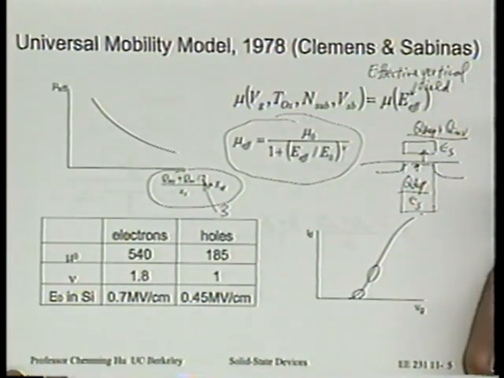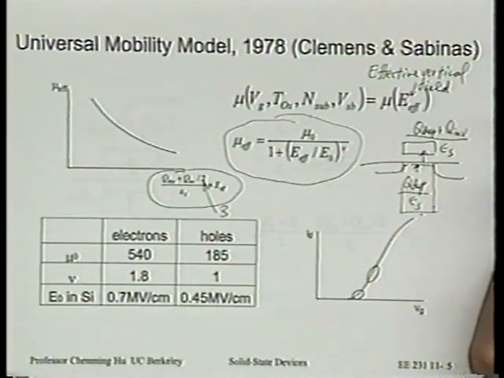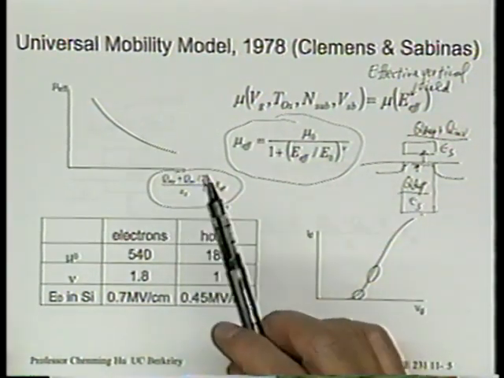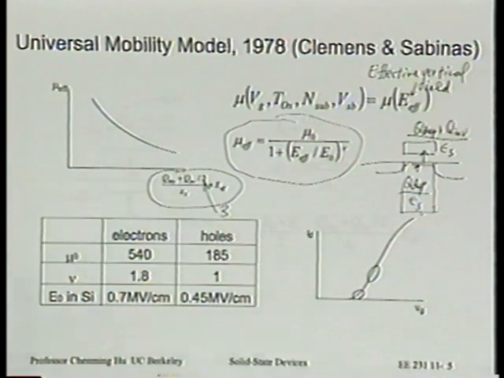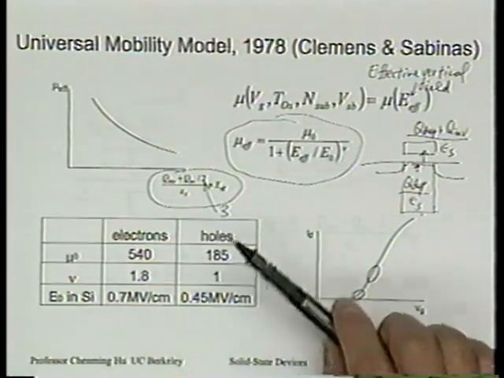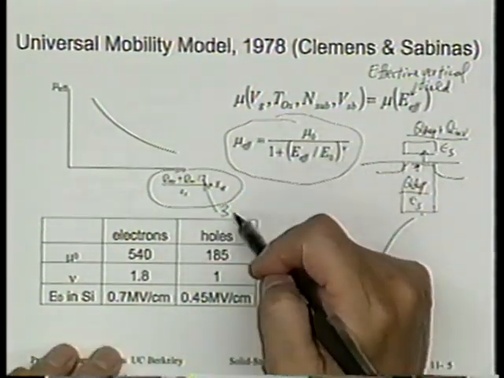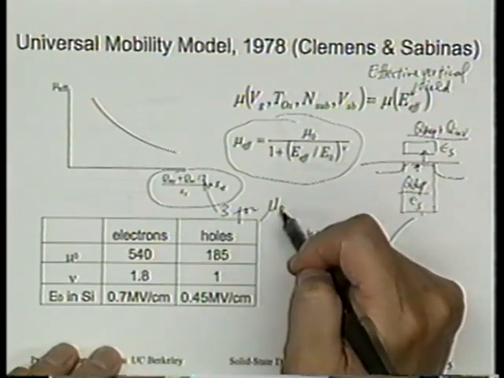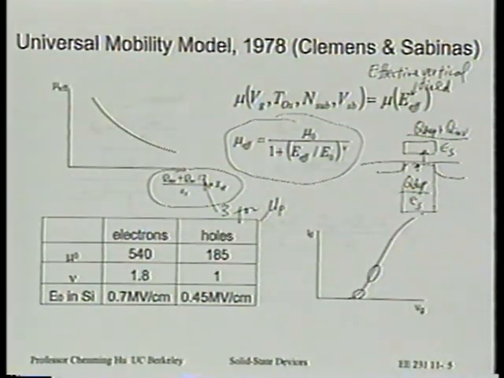Okay? That again gives us a hint. There's nothing so magic about this effective field, or just saying some kind of average between the top and bottom field, right? How you take the average is still an uncertainty. We don't know exactly what to do, all right? Okay, so 3 for hole mobility, mu p, all right? This is often used in the literature, okay?